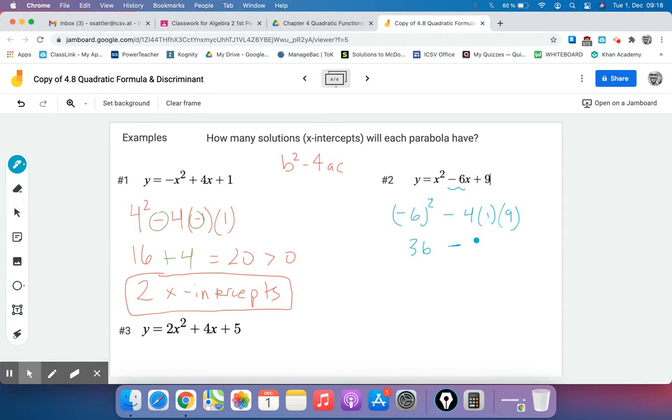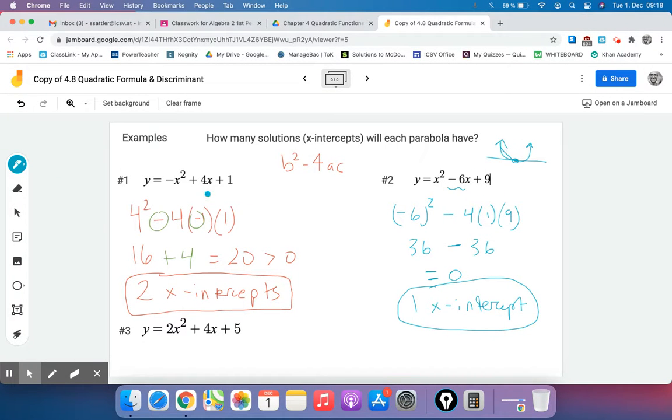And we just have one minus left, so we're going to do minus 4 times 1 times 9, which is 36. And we get exactly 0. So this is the case where there's one x-intercept. Okay, this is the case where the parabola just bounces off the x-axis.